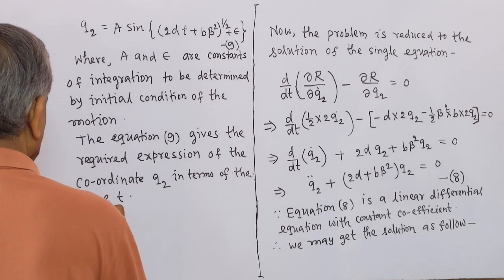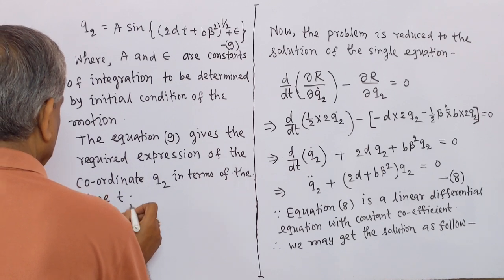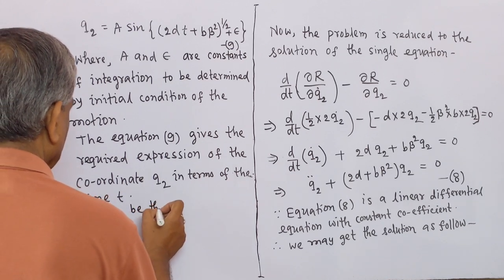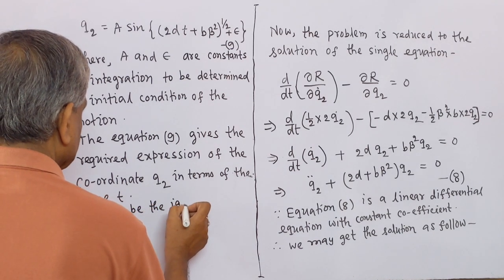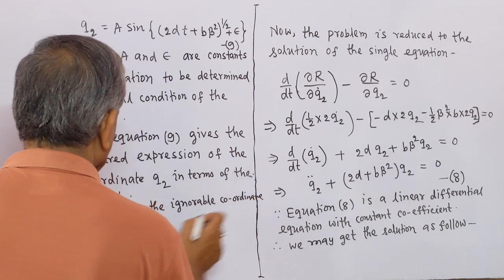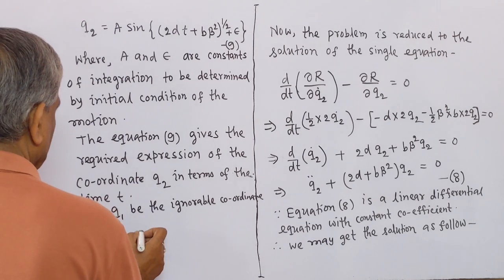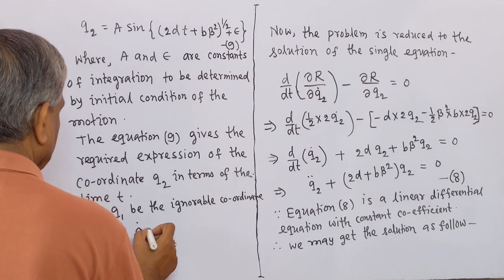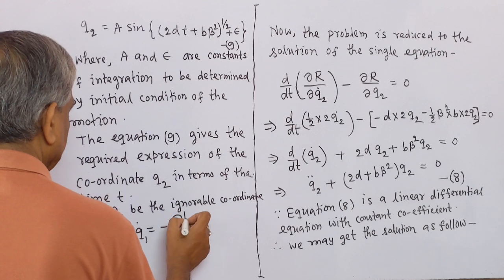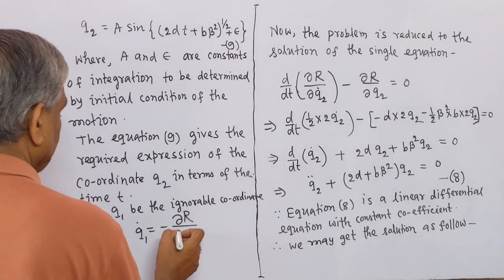Since Q1 is the ignorable coordinate, Q1 dot equals minus the partial derivative of R with respect to the constant beta.